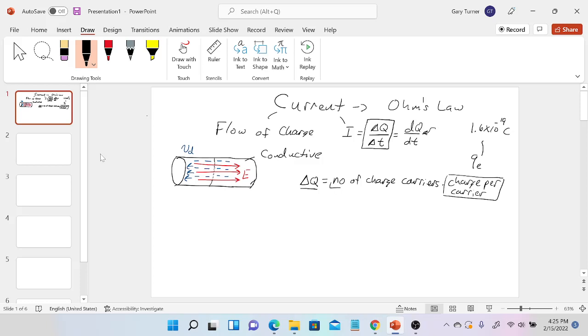We can label this value as capital N, for the total number of charge carriers, but we won't use that number. What is often used instead is the lowercase n, which is called the charge density, or particle density is probably more appropriate.